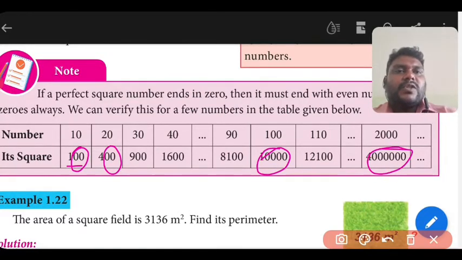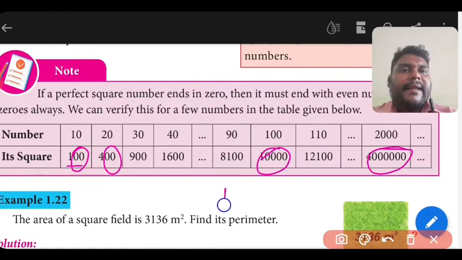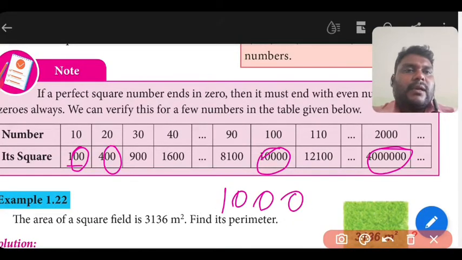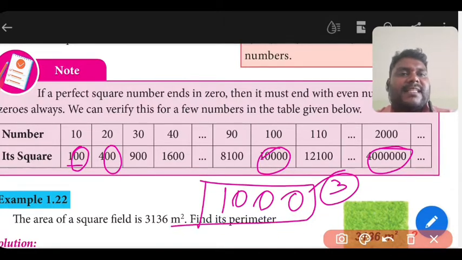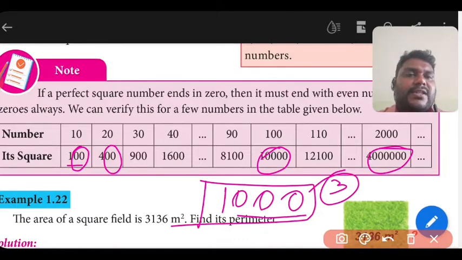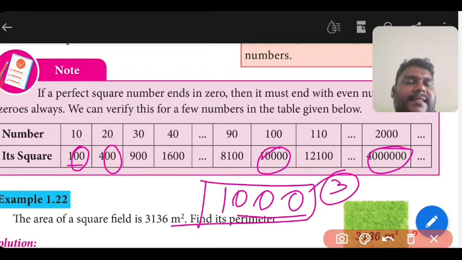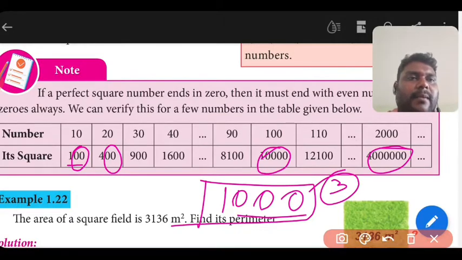If the number of zeros is an odd number, for example 1000, the number of zeros is 3, which is not even, it's odd, so it's not a perfect square number. 1000 is not a perfect square number because it has only 3 zeros.